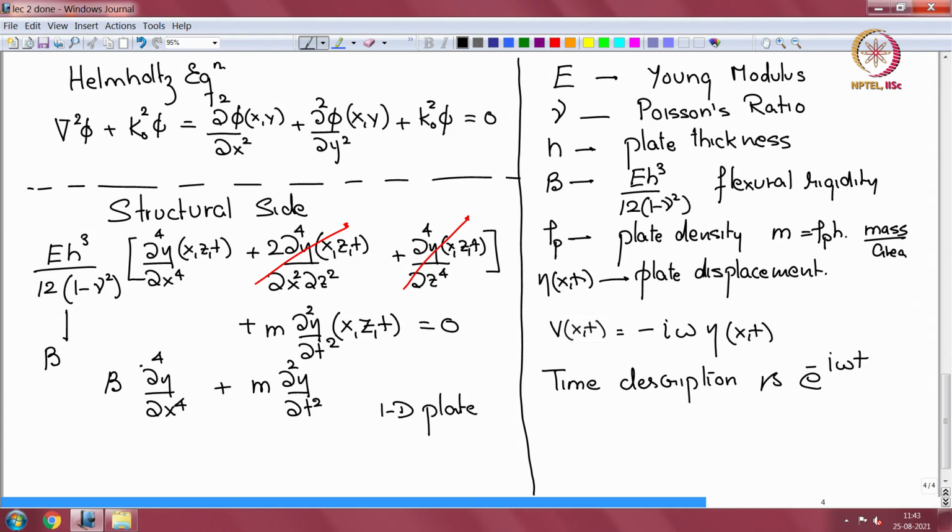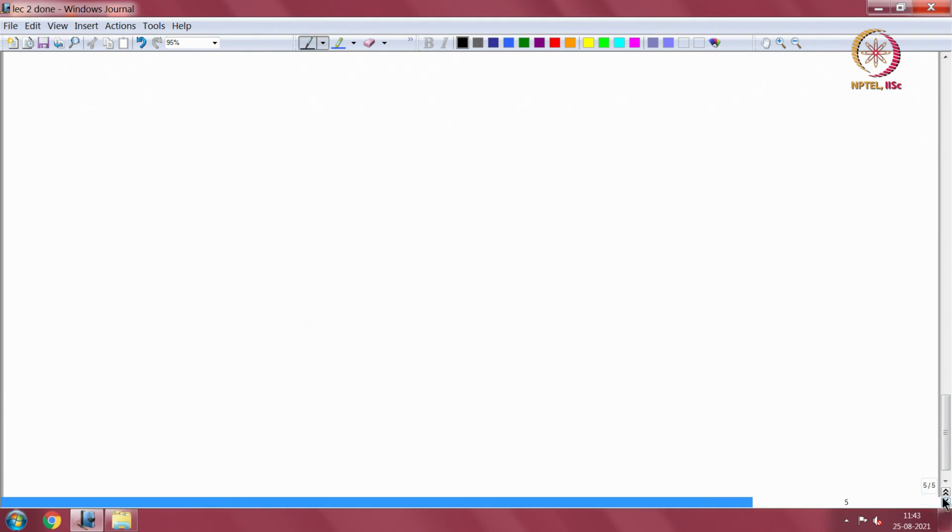Okay, let's see now. The force is given by F delta of x e to the power of minus I omega t, as it says, applied at x equal to 0.